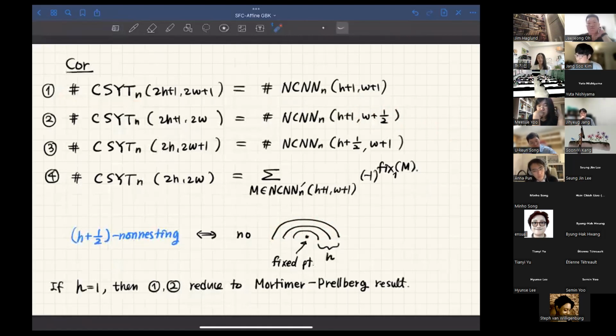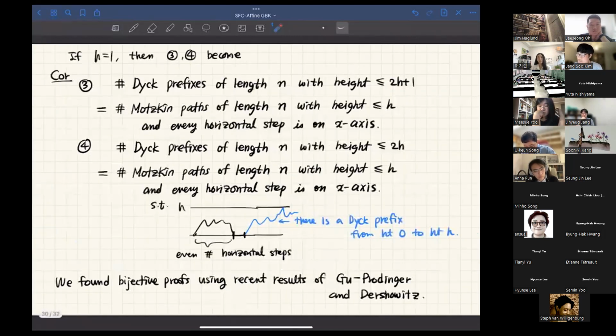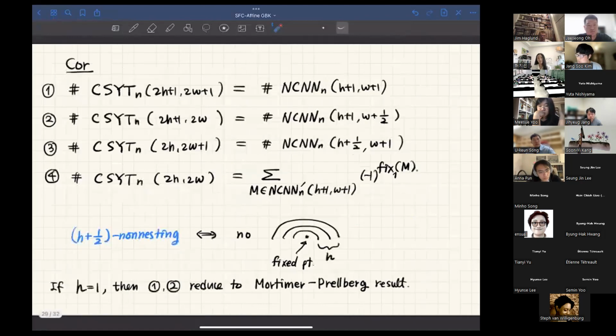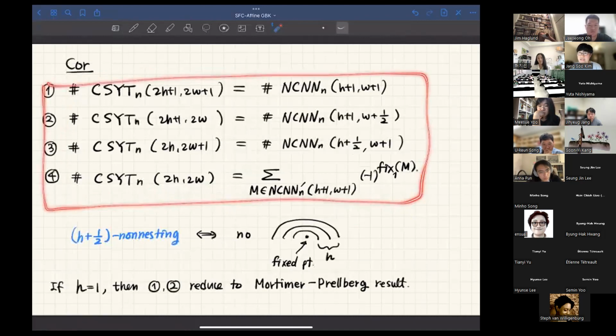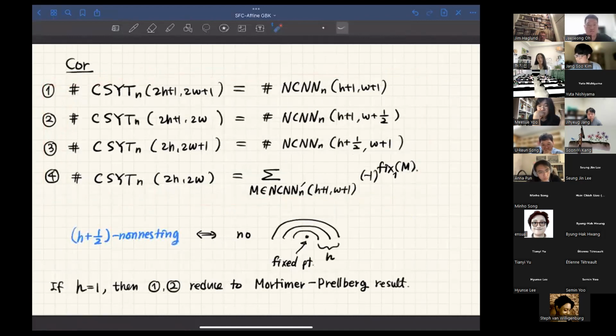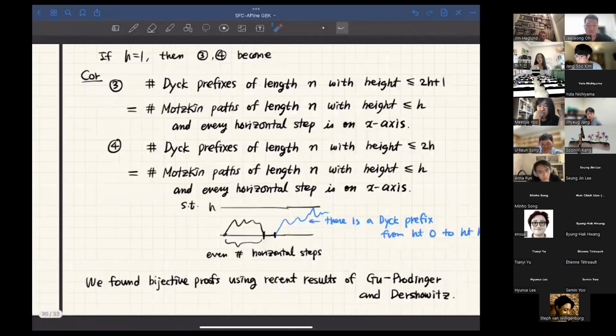And if H equals 1, these 2 identities become Mortimer and Prellberg's result, and these 2 identities become some non-trivial identities on the number of lattice paths with some conditions. I'm not going to give you the details. We have a bijective proof for H equals 1, but for general H, we don't have any bijective proof.